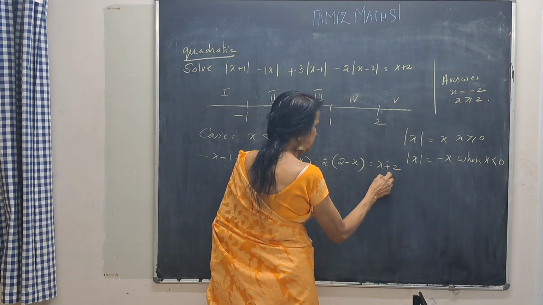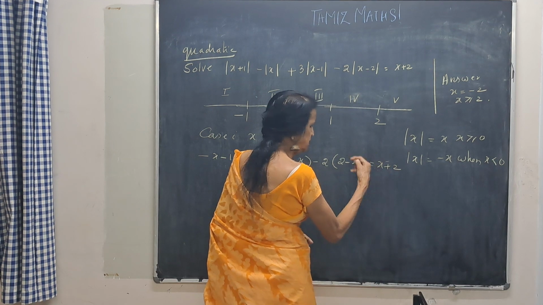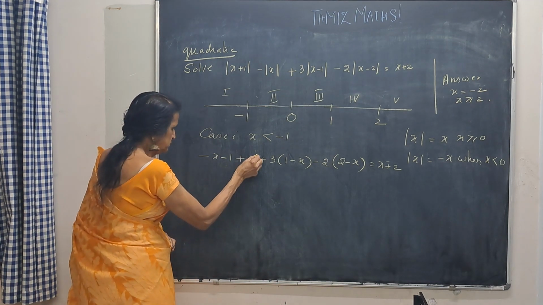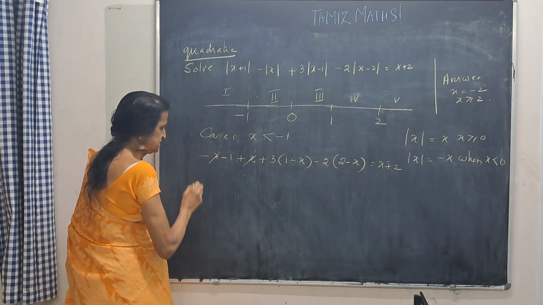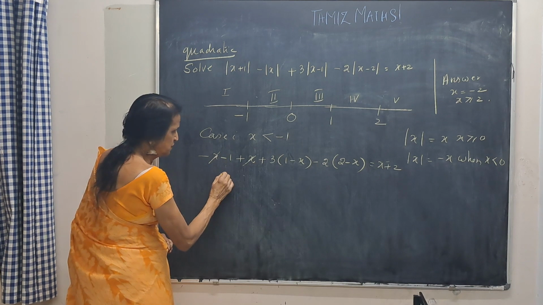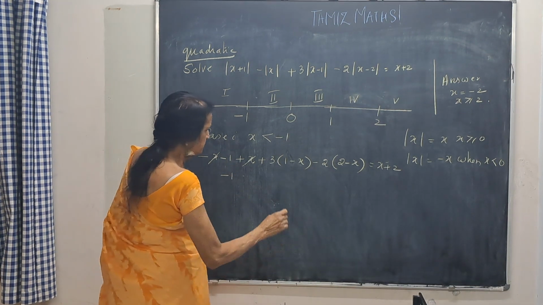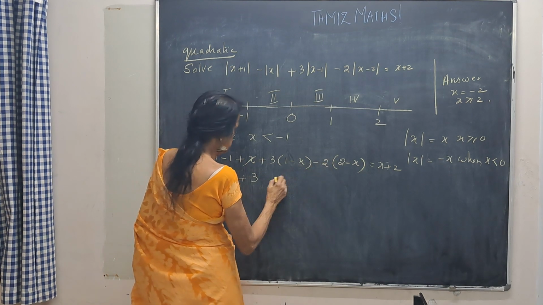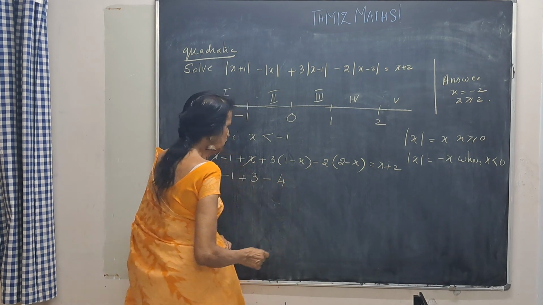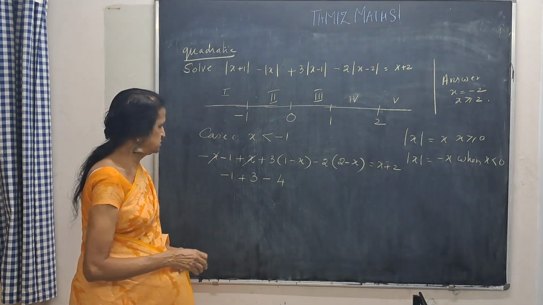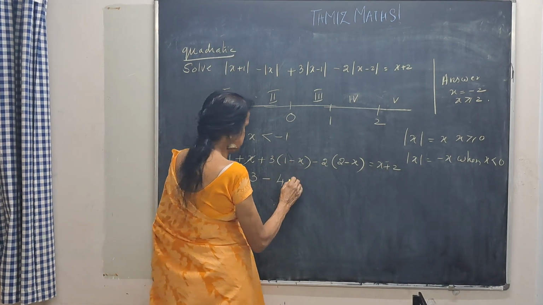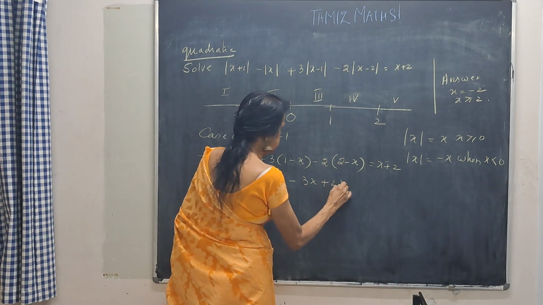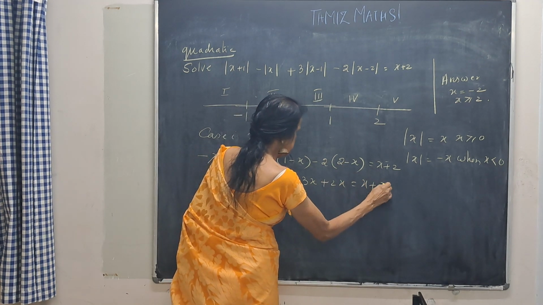We don't do anything with this because this is not carrying any sign. Now this and this will get cancelled. Minus 1 plus 3 minus 4. I am just gathering all the numerical values. This is minus 3x and minus of minus, plus 2x is equal to x plus 2.